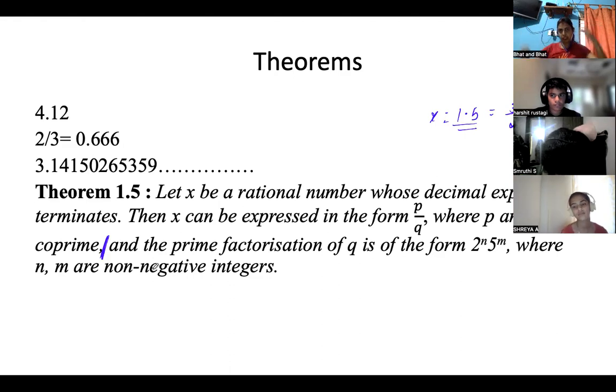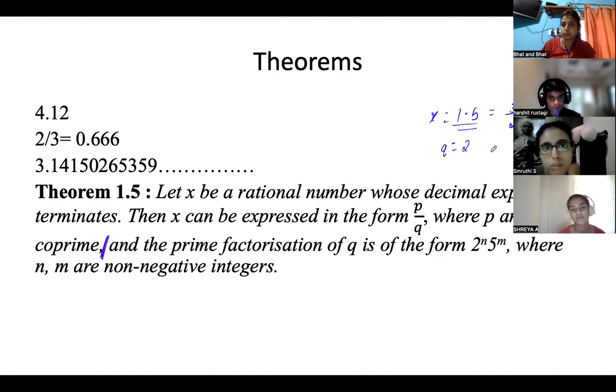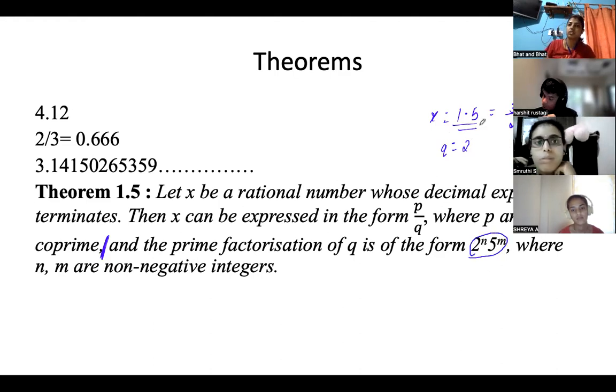Now let us see the second part, the prime factorization of q. What is the value of q in this ratio? 2, right? So the prime factorization of q should be in this form. I can write 2 as 2 raised to 1 into 5 raised to 0.